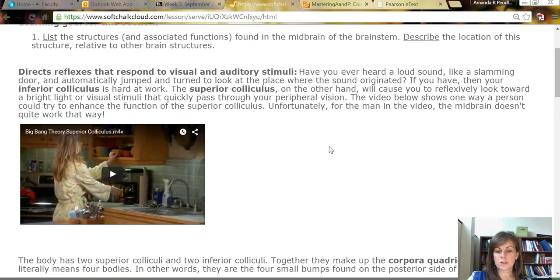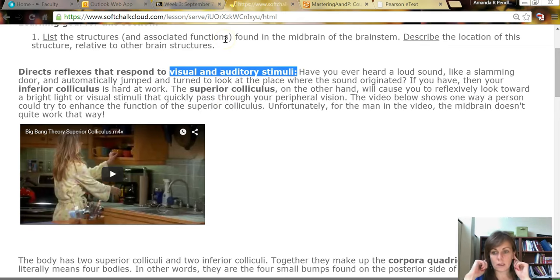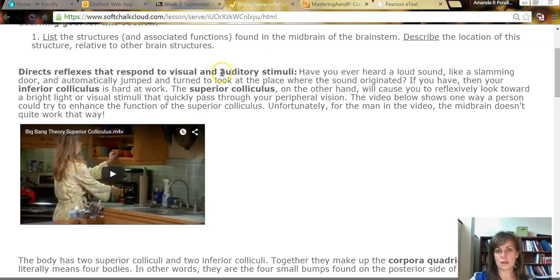Okay. So one thing that it does is it's going to detect reflexes to visual and auditory stimuli. So visual is what we see, auditory means what we hear. Now, something I often do with my students to try and demonstrate the reflex to auditory stimuli.